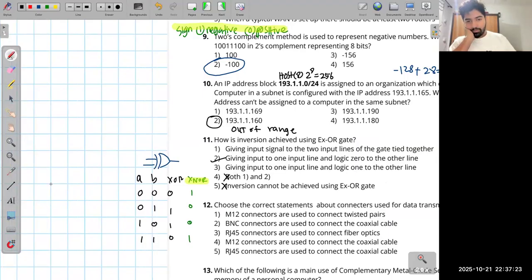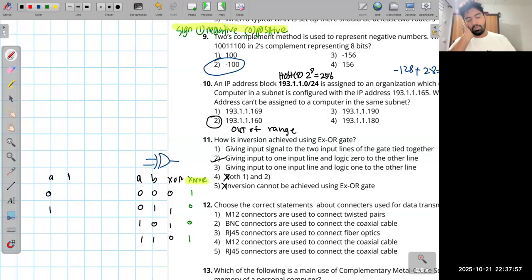Let's work it out. A and 0. XOR gate: 0 0 gives 0, 0 1 gives 1. Give one input line and the other input logic 1.